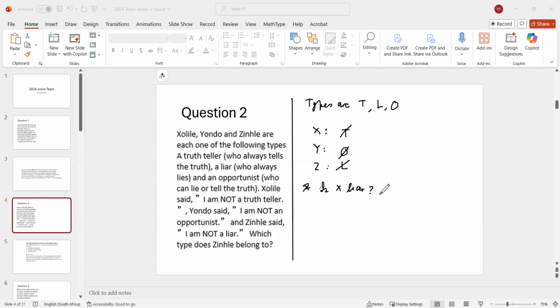And that can't be possible. So X is speaking the truth when he says he's not the truth teller.